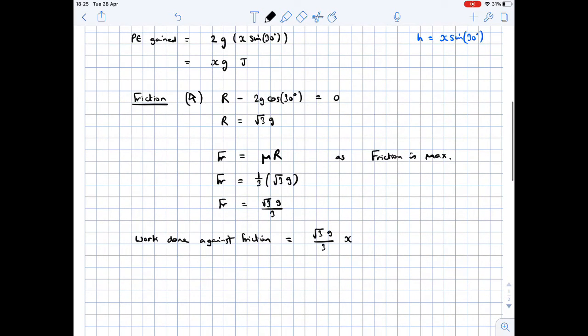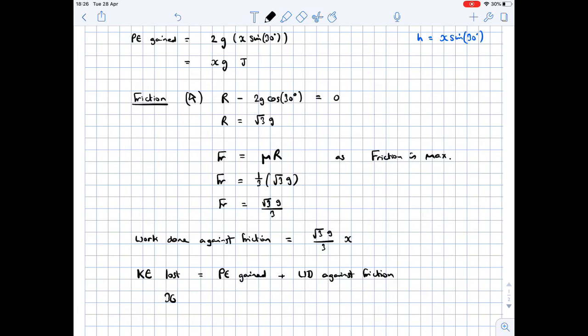Next, we can think of the whole system. So the kinetic energy lost must be equal to the potential energy gained plus the work done against friction.